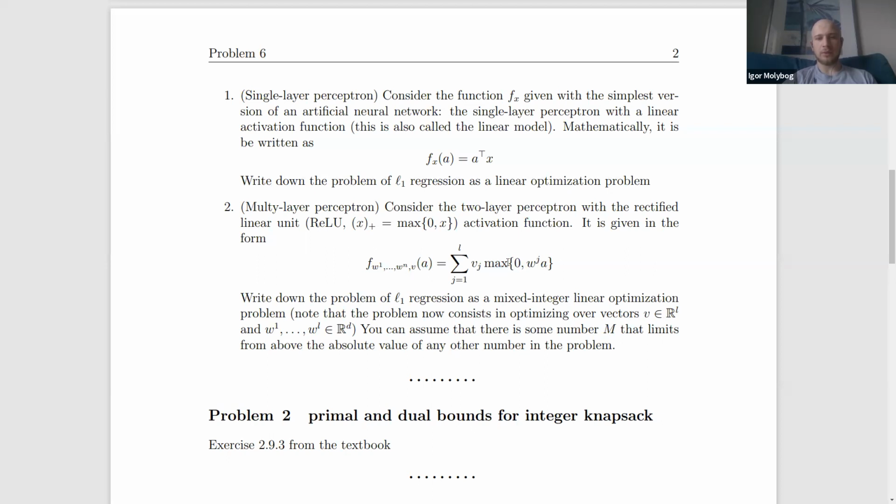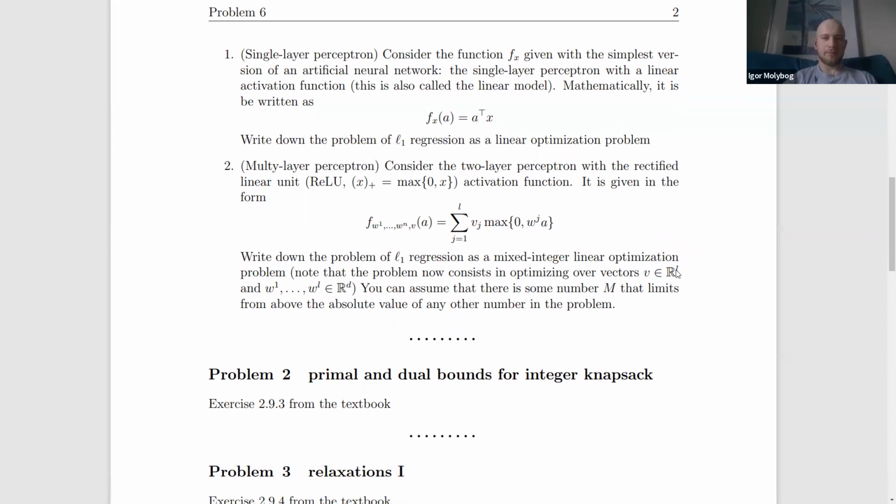So it's a maximum between 0 and the linear function that depends on w_j. Basically, it's a very common problem, especially in the training of computer vision algorithms like detection.